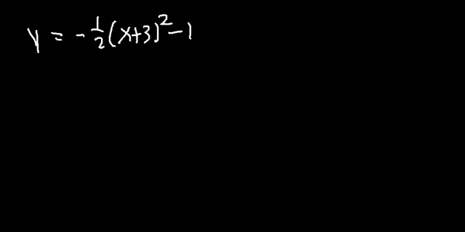So let's try one more example with cubic functions. So let's say if you have y equals, instead of putting -2, I'm going to put -1/2 because I don't want to go up 16. Let's say if we have this, and it's -1. We know the center is going to be at -3, -1.